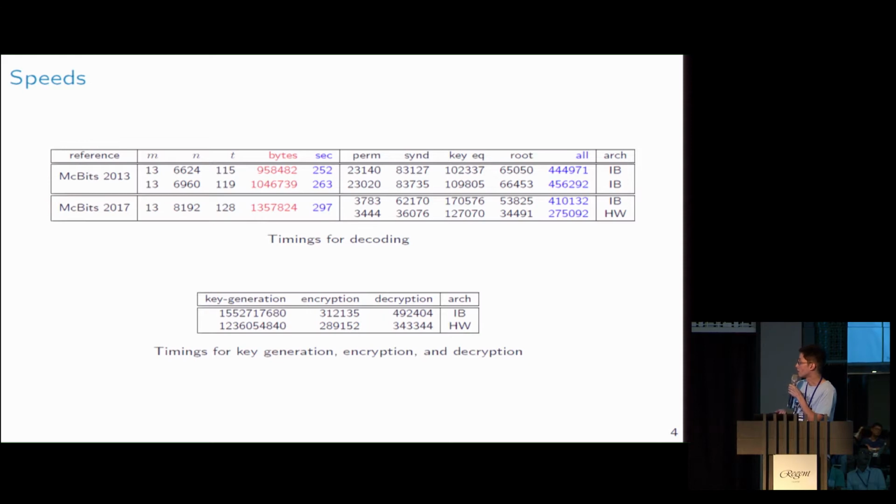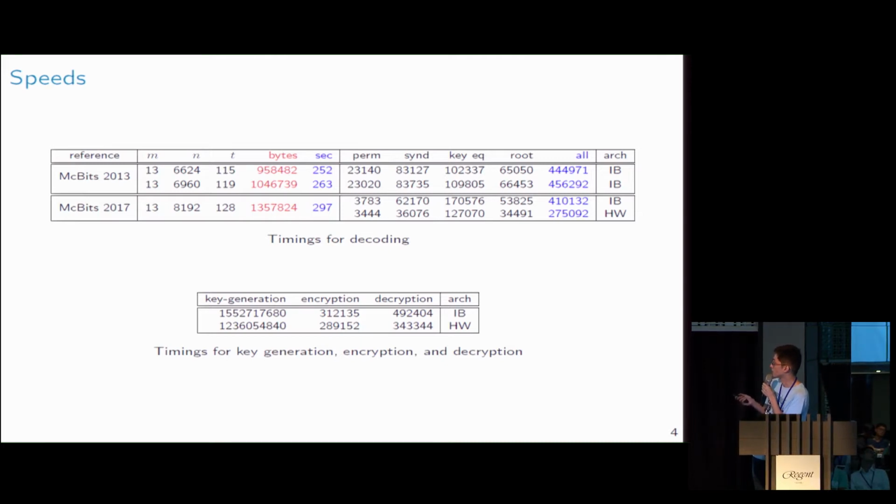Okay, let's take a look at some speeds. From the left of this table, you see the security parameters. Here I list some numbers for pretty high classical security parameters. As you can see, this bytes is the size of the public key.